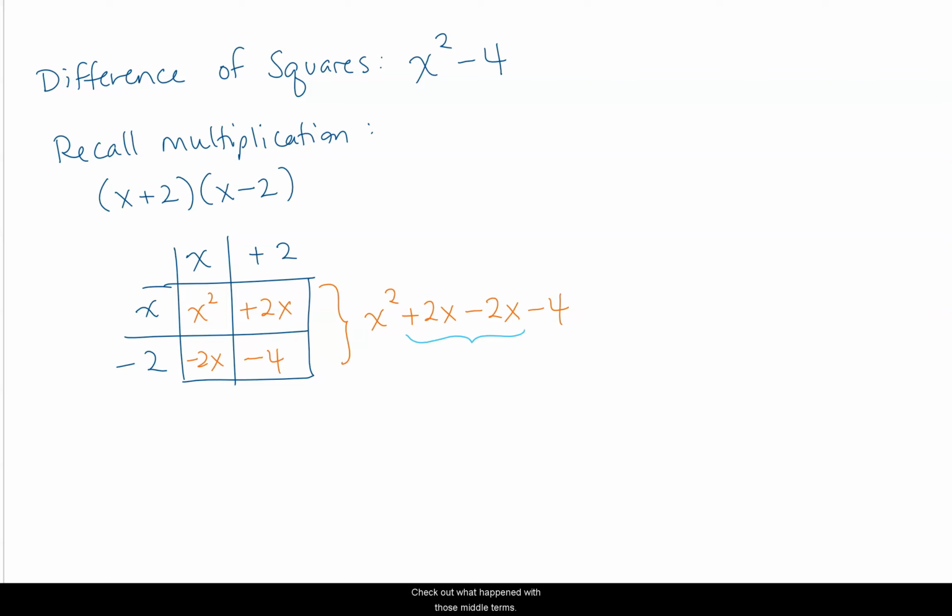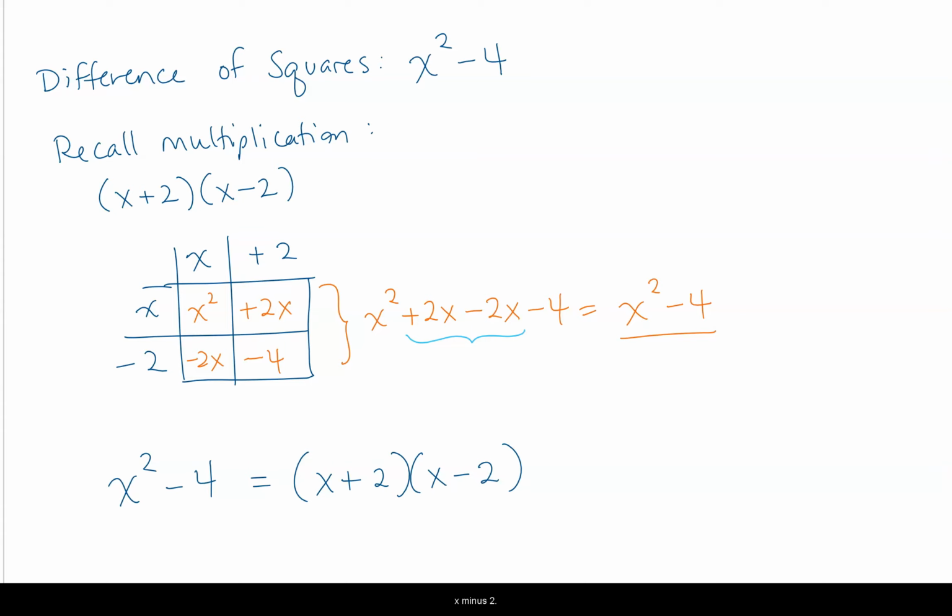Check out what happens with those middle terms. They cancel each other out. And in the cancellation, we're left with x squared minus 4. So this would mean that x squared minus 4 has the factors x plus 2, x minus 2.